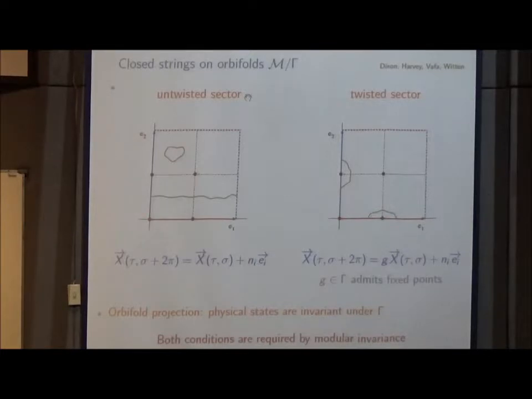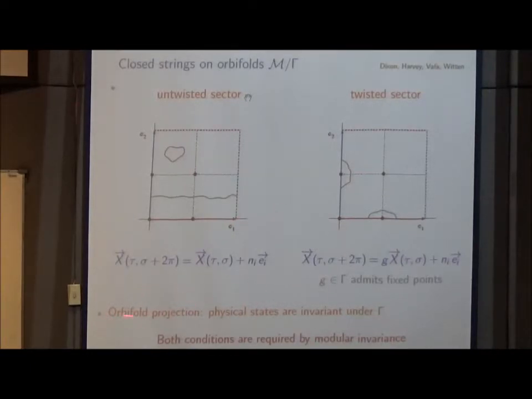So there are more things to consider, these twisted sectors. And you have to consider them because of modularity. Like I was explaining to you yesterday, if you include Neveu-Schwarz, you have to include Ramond, because you can do the transformation tau goes to -1 over tau in the partition function, and this will change the boundary conditions. So you have to do both.